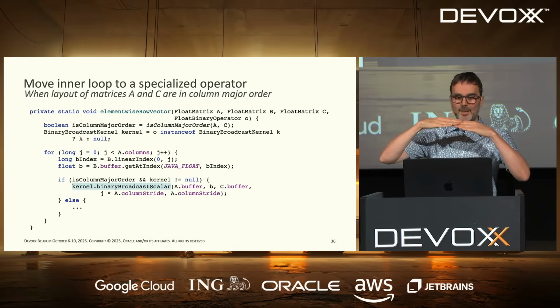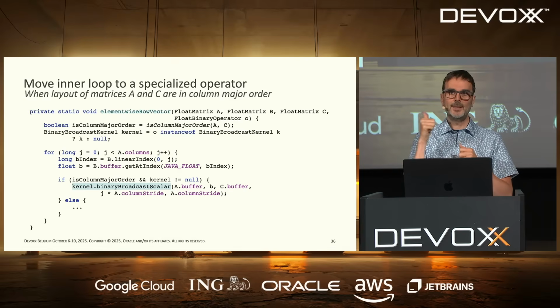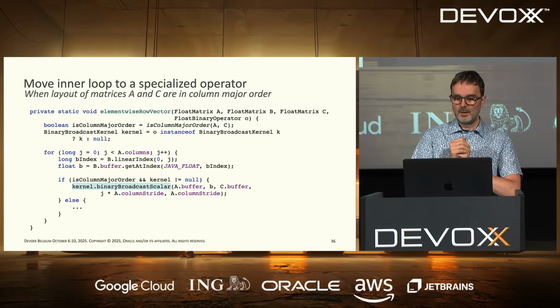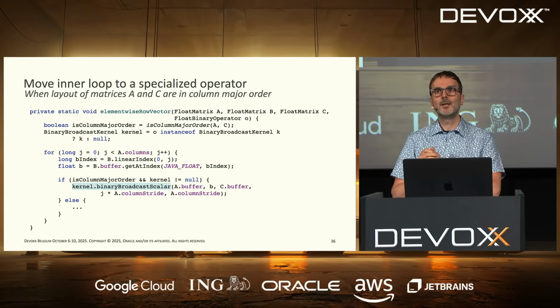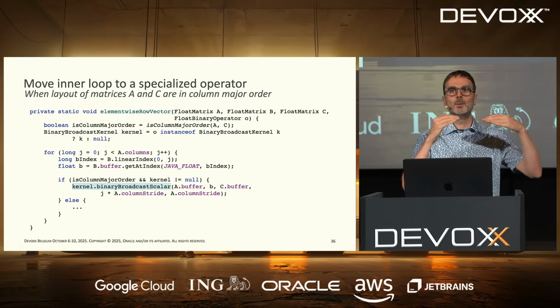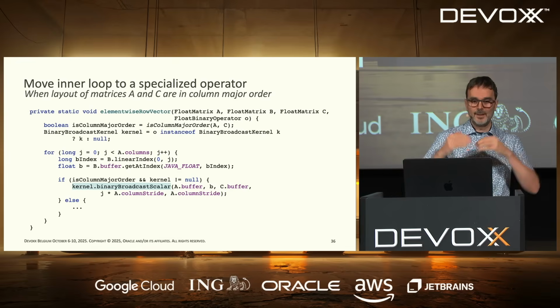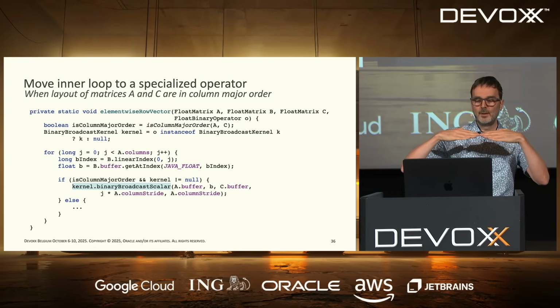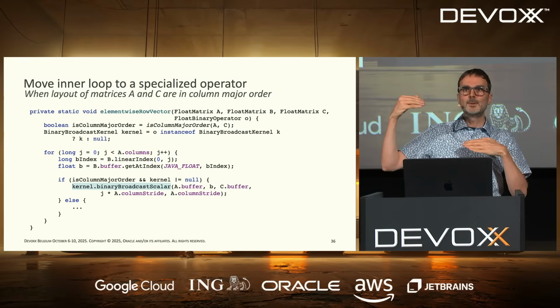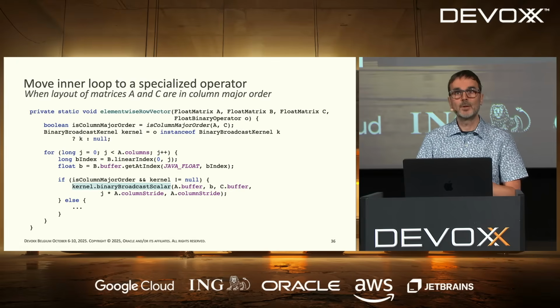So we have to do some tests here. We have to say, are A and C in column major order? Yes, okay. And is our float binary operator a specialized kind of operator that supports an additional protocol, so I know I'm going to operate in this special way? If it is, instead of calling the inner loop, I can jump to a special method on that specialized operator, the binary broadcast kernel.